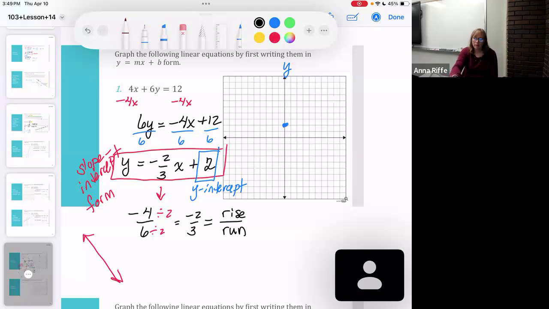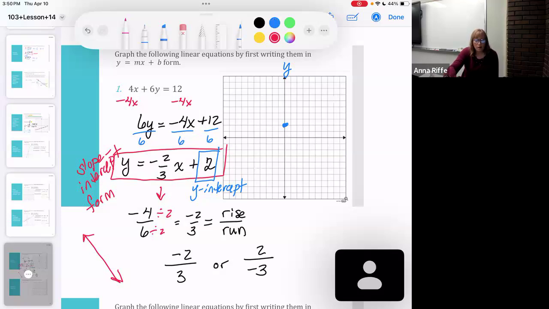What that means algebraically is I can interpret this slope as having a negative sign either on top or on bottom, but not both. So I can say -2 over 3 or 2 over -3. If I put a negative sign on both the top and the bottom, just like the previous one, I would end up with a positive slope, which I don't want. But I can choose to apply that negative sign to the top or to the bottom, and that will give me a negative result. I think I'm going to apply it to the top for now to find another point.